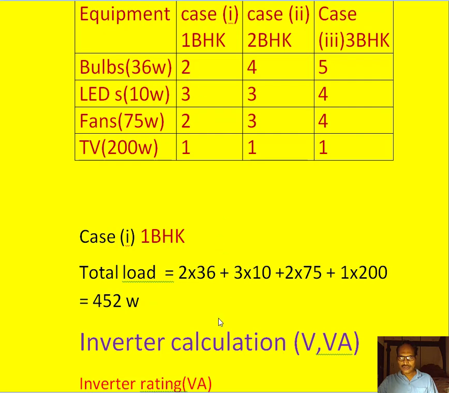It is 2. So 2 into the rating of bulbs, 36 watts, so 2 into 36, plus 3 into LED ratings, 3 into 10 watts, plus 2 fans means 2 into 75, plus 1 TV means 1 into 200 watts. Finally we get the load connected for the 1 BHK house as 452 watts.